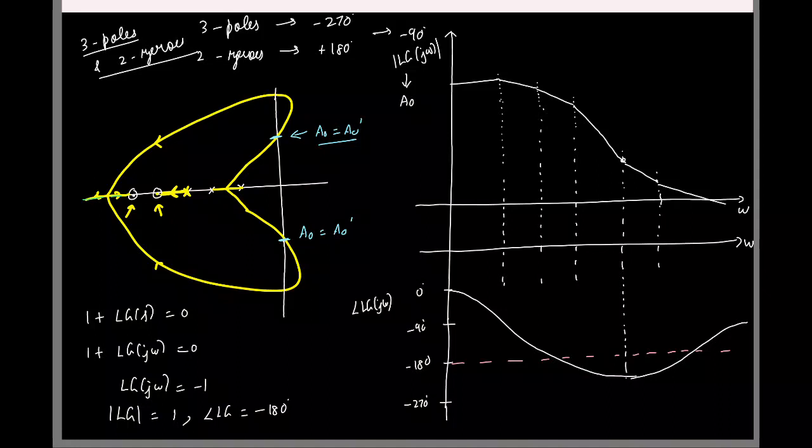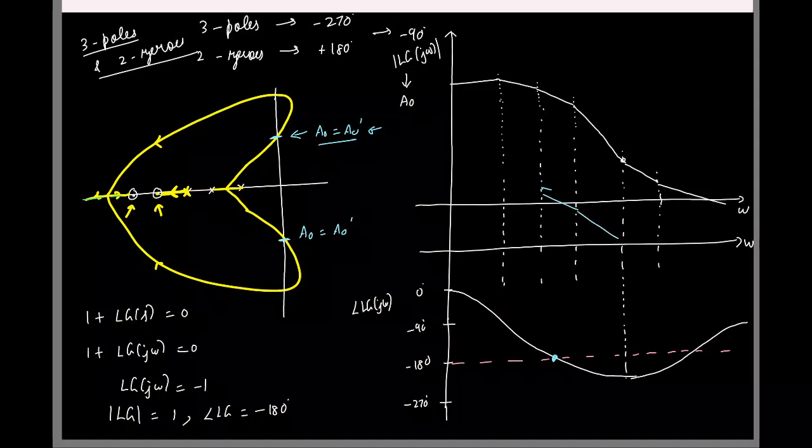Now let us say I am looking at this particular value of magnitude, A0 prime. At that magnitude, when the phase is minus 180, the gain has to be 1. So I'll have to scale down the magnitude plot so that the gain is indeed 1. Let me scale this plot down and draw.